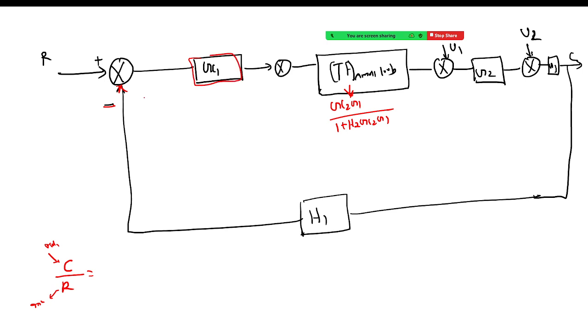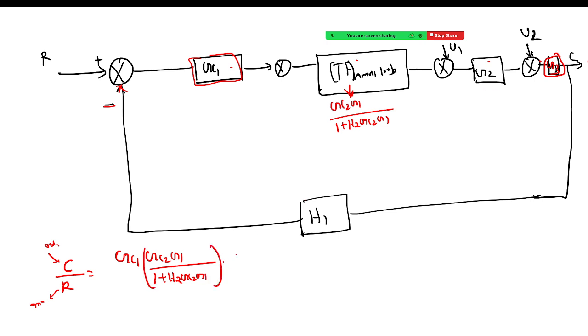So I told you again, if there is a feedback loop, the value of output divided by input will be equal to the multiplication of all these blocks, first, second, third, fourth, in the forward direction, right? In this particular line. So I will multiply Gc1 and this transfer function as well. So that is Gc2 G1 divided by 1 plus H2 Gc2 G1. Fine.